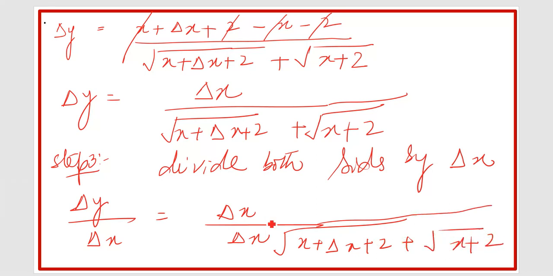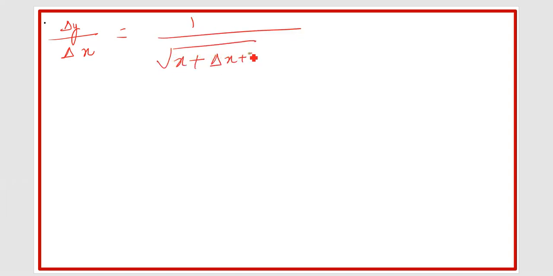This is all denominator. So delta x will cancel each other. Now we have only 1 in the numerator. So I will write down here that delta y over delta x is equal to 1 divided by square root of x plus delta x plus 2 plus square root of x plus 2.